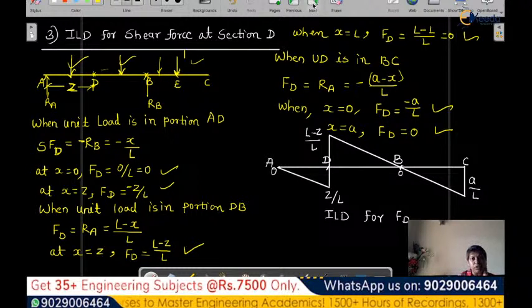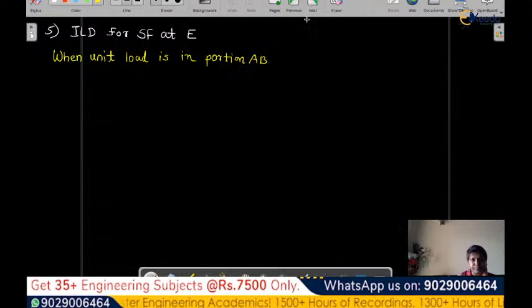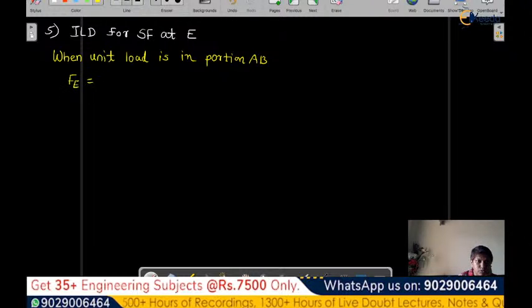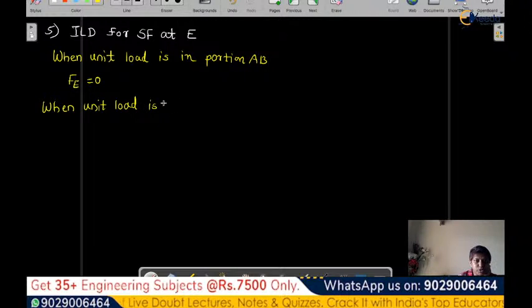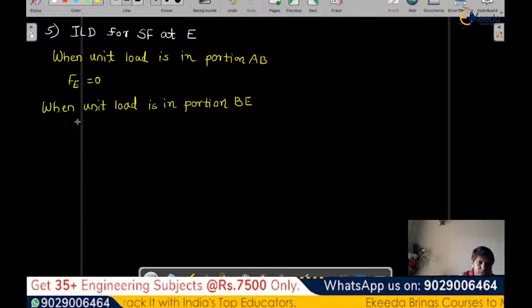So for both cases, let's write down. When the unit load is in portion AB, in that case force at E is equal to 0. And when the unit load is in portion BE, in that case also force at E will be equal to 0.